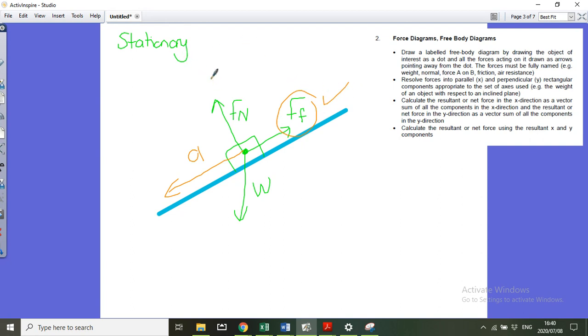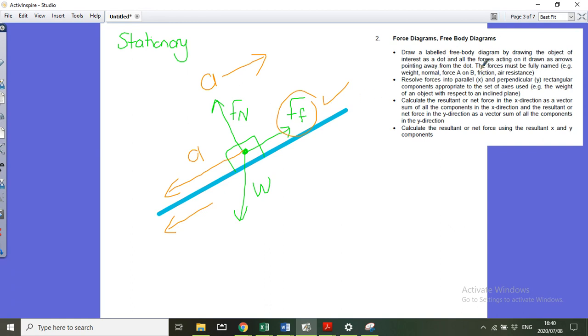But please remember that if the object is moving upwards or accelerating upwards, then friction is not going to be upwards anymore. Then the friction is going to be downwards. So please read your question nicely and decide whether it is a stationary object or not.